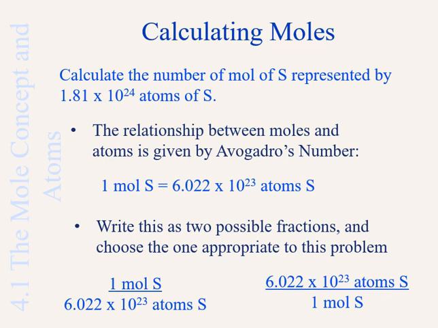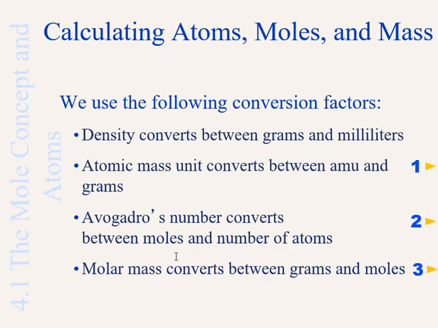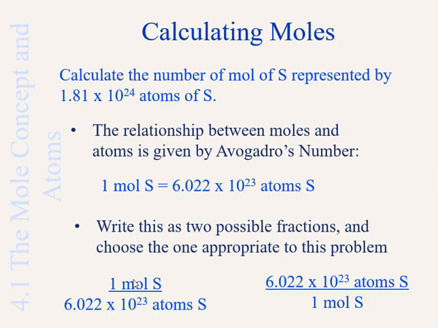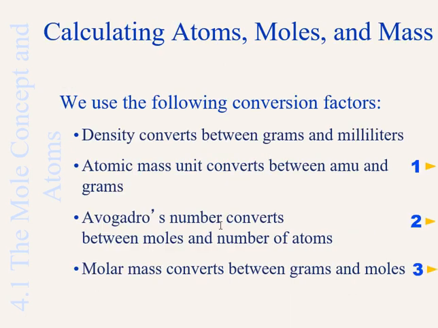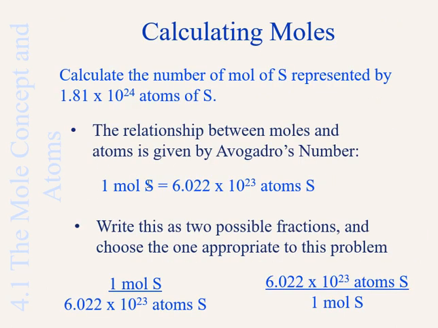We saw in this slide that in order to convert between moles and atoms, you need the Avogadro's number relationship. So 1 mole of sulfur has 6.022 times 10 to the 23 atoms of sulfur.